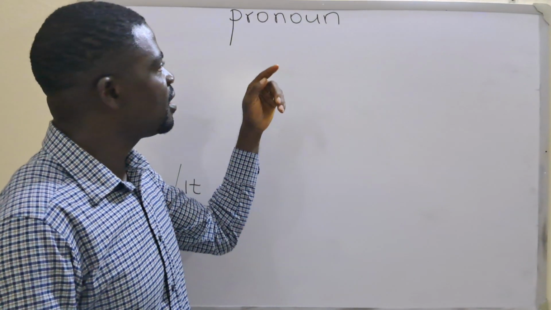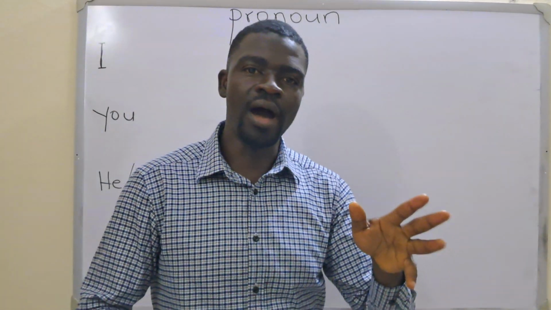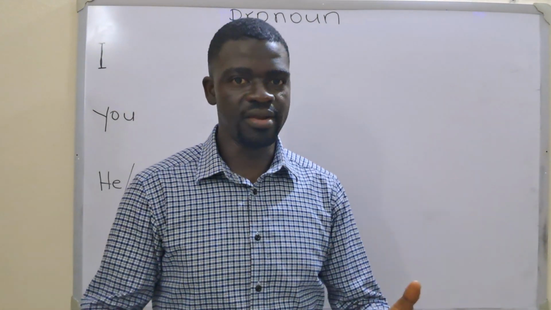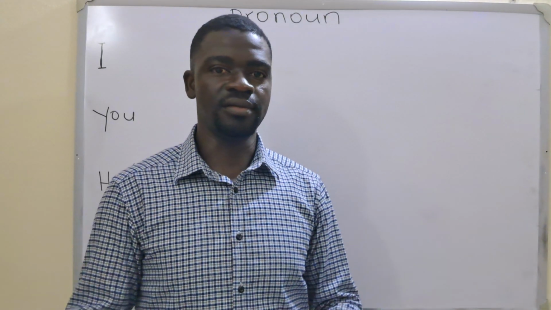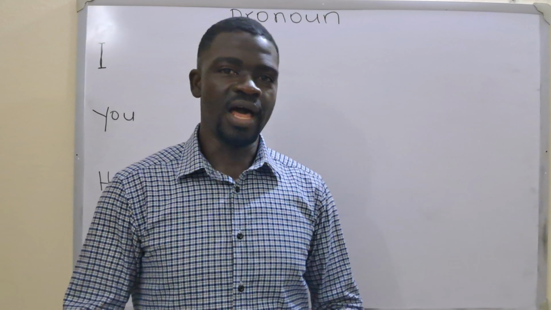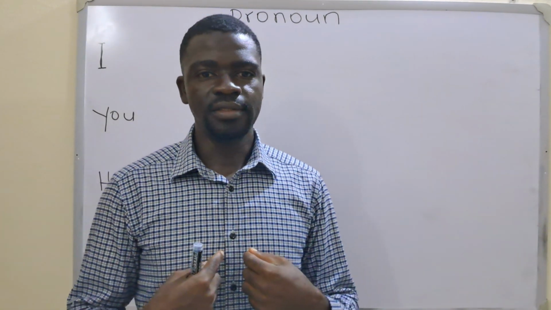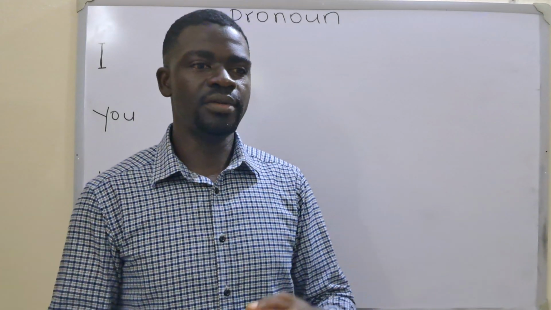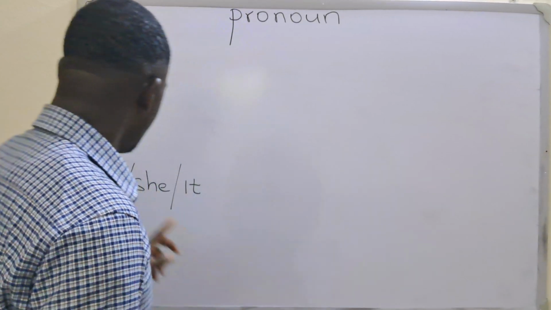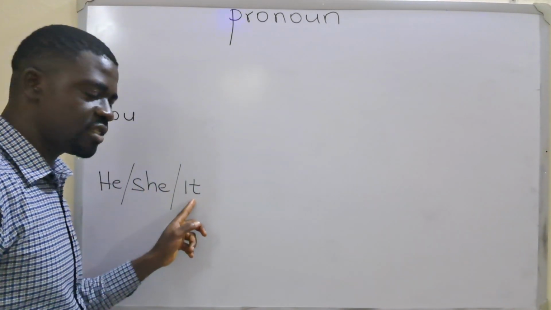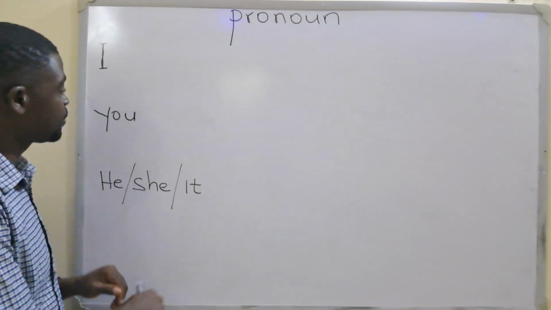Let's say if I were talking to you about my friend who is human, then my friend, maybe the name is James or Ali. So Ali will be he. I am talking to you about him or she. So your he, she, or it will be the third person.